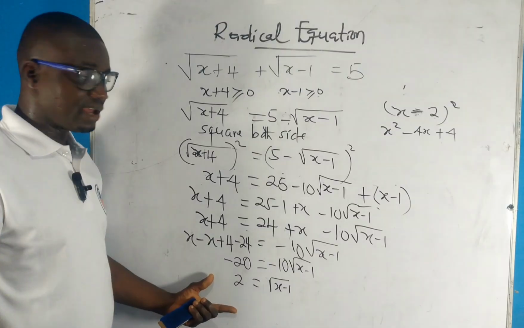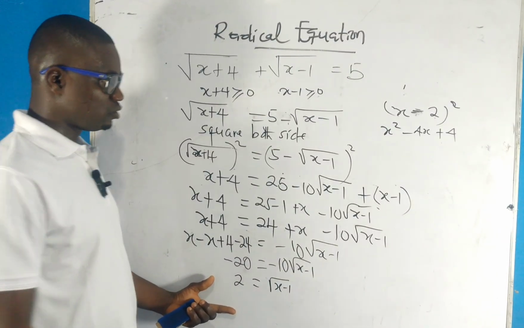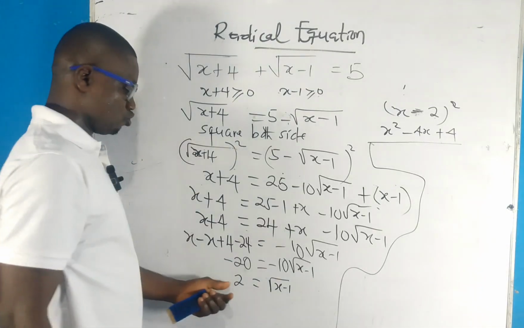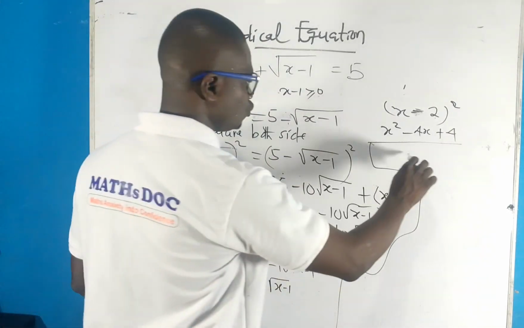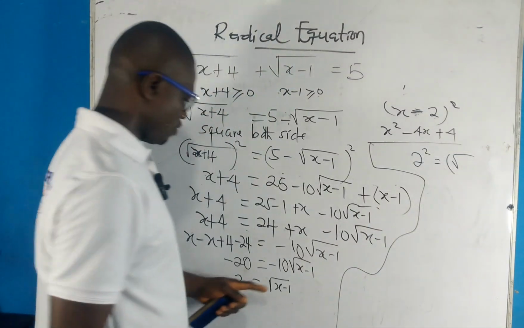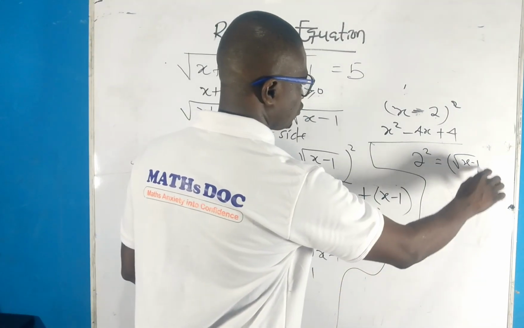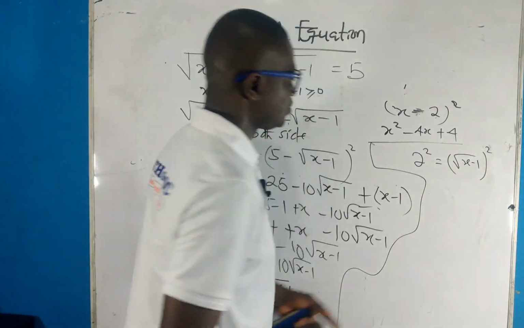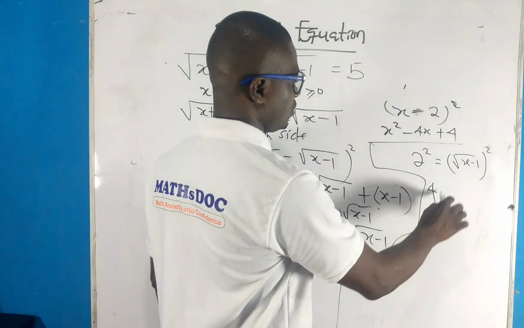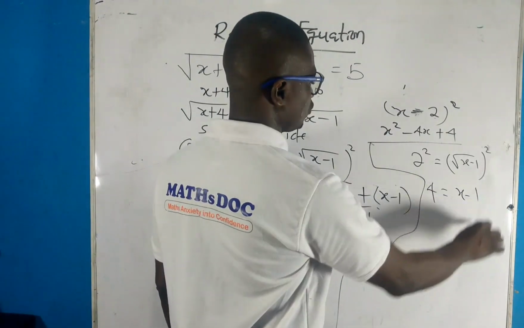At this point, you can simplify by squaring both sides. So 2 squared is equal to the square root of x minus 1 squared. And then 2 squared is going to give you 4. So we have 4 is equal to x minus 1.